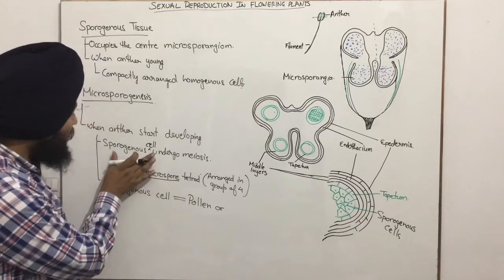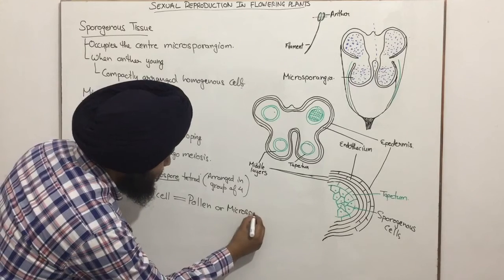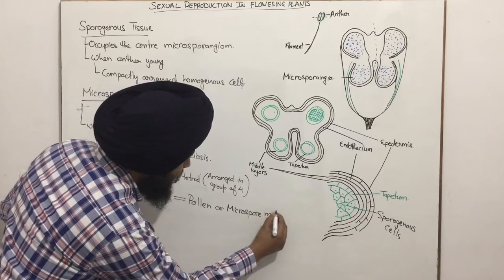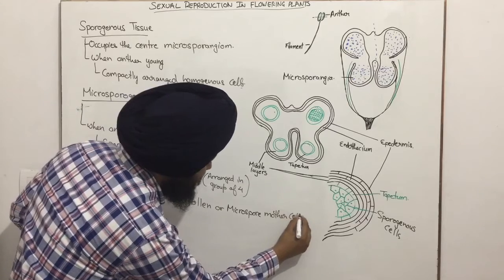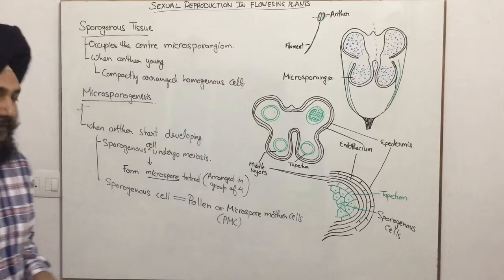So we can call sporogenous cells the pollen or microspore mother cells, and it is represented by the PMC, pollen mother cells.